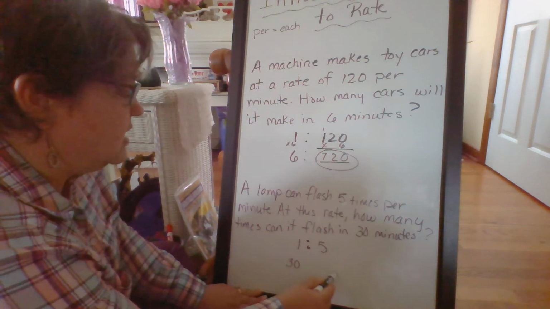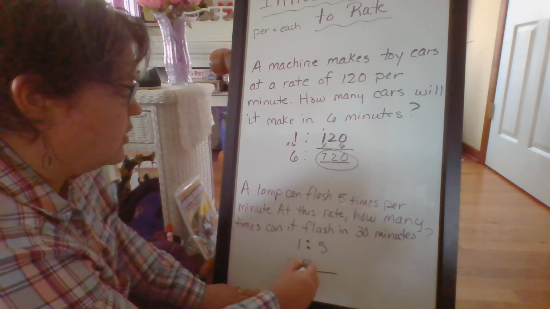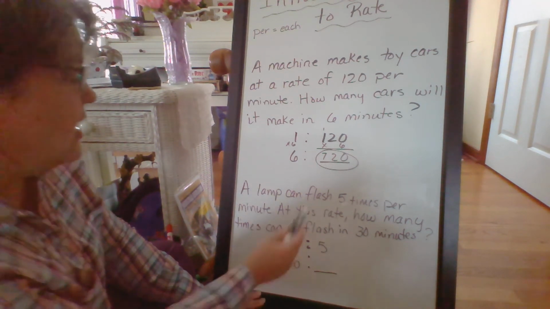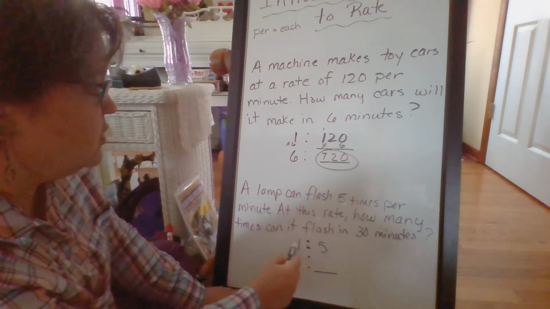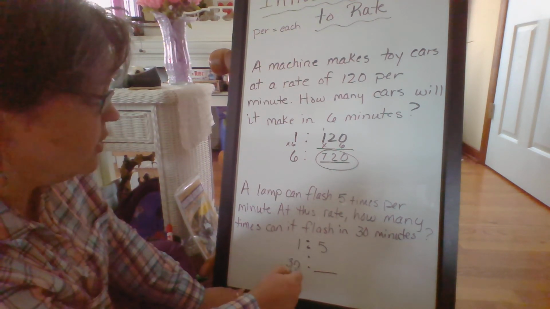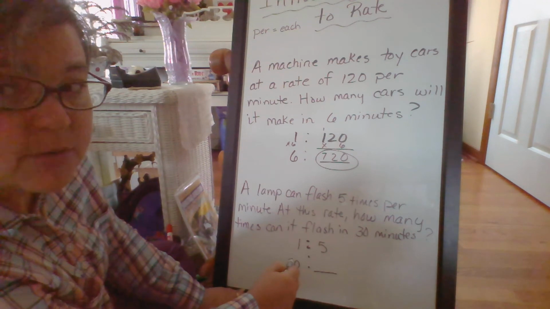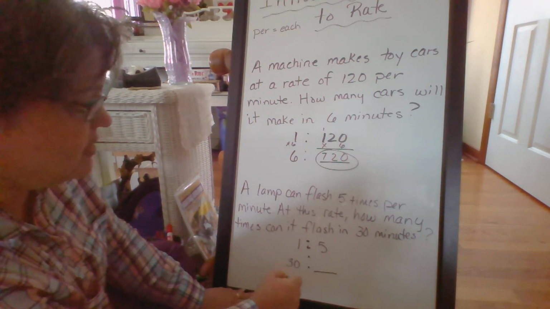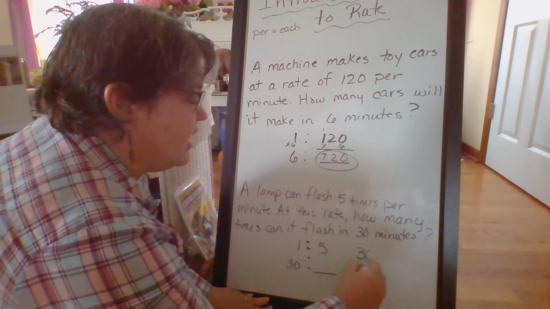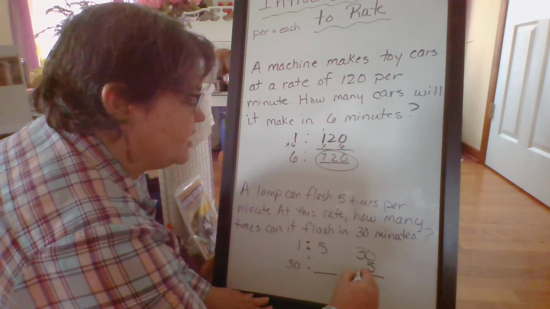They want to know how many times, so that's what we're looking for. So if it will flash 5 times in 1 minute, in 30 minutes, how do I get from 1 to 30? I have to multiply times 30, don't I? 1 times 30 will get me to 30. So I've got to multiply this 5 times 30 to get my answer.